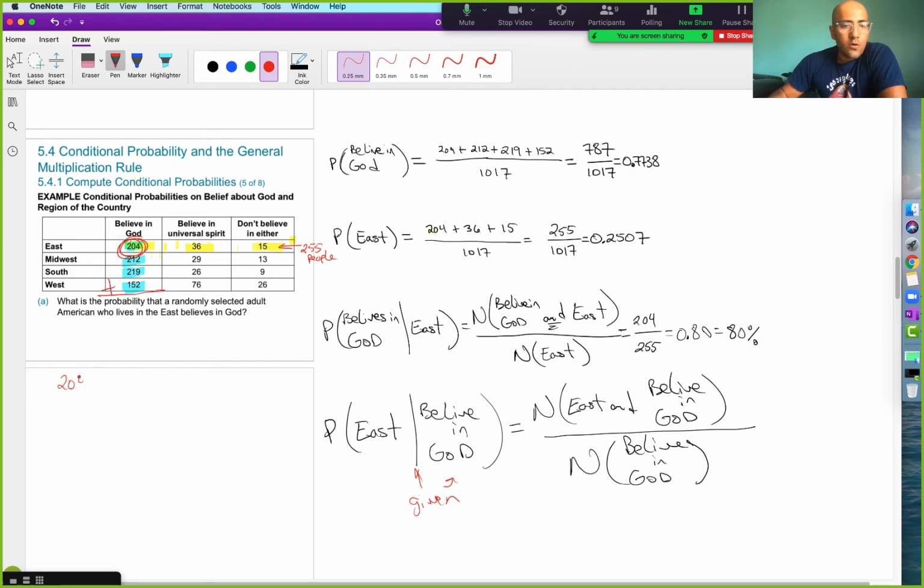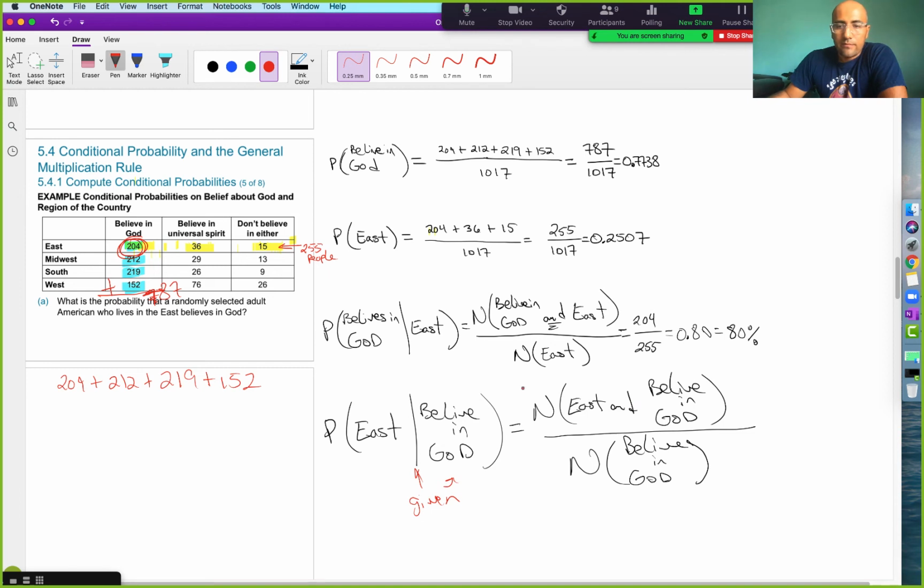So what is the sum of all of those? We get 204 plus 212 plus 219 plus 152. Oh, we already had that for believe in God. That's the 787, the sum of all of these.